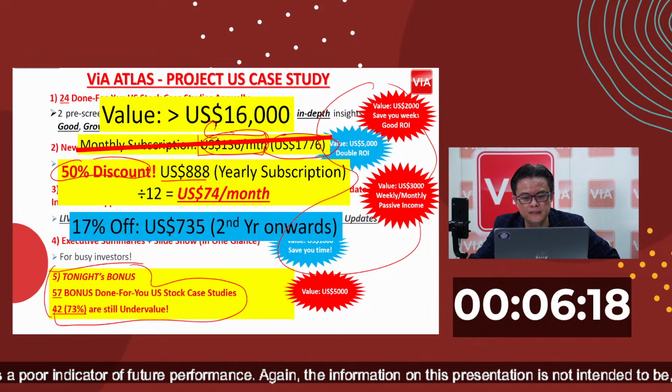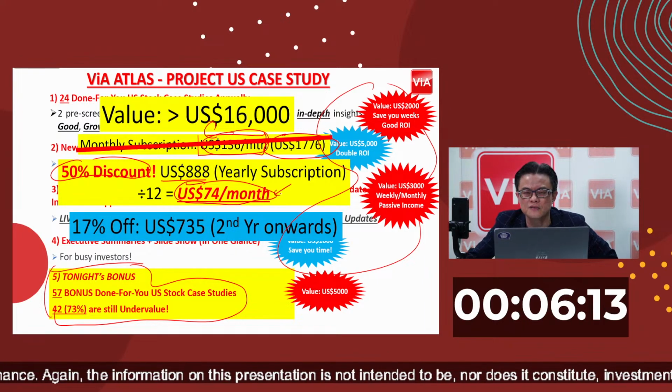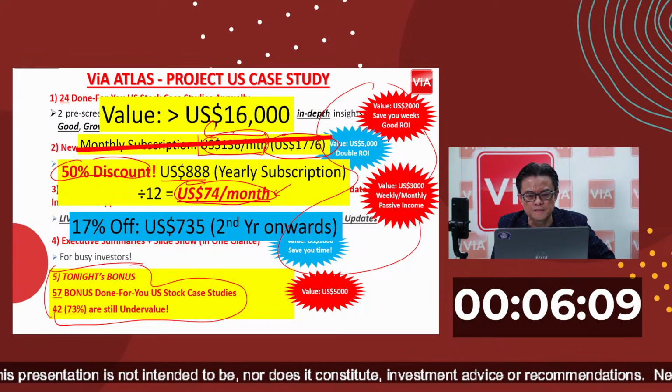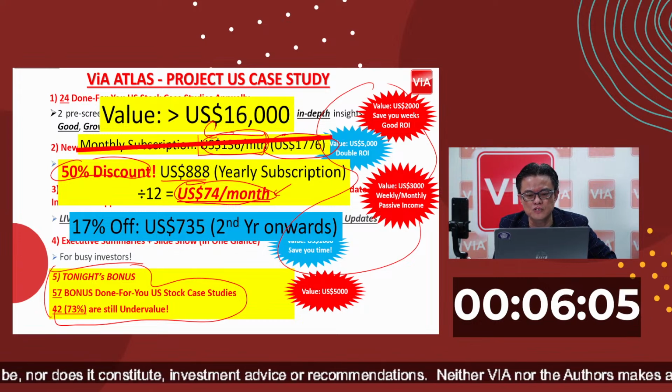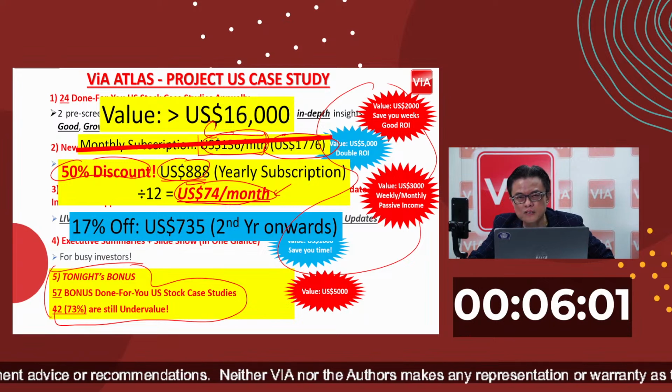It's not 148, it's actually only 74. If you use the monthly one, will you still get the same thing? The answer is yes. But why do you want to pay every month, which is more costly? This one is more affordable.